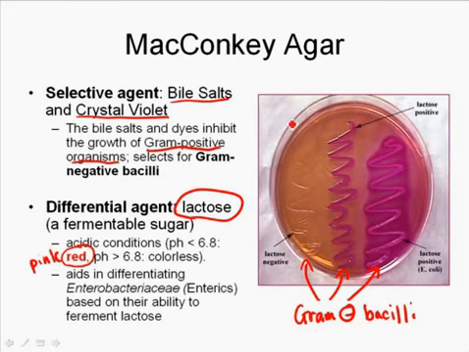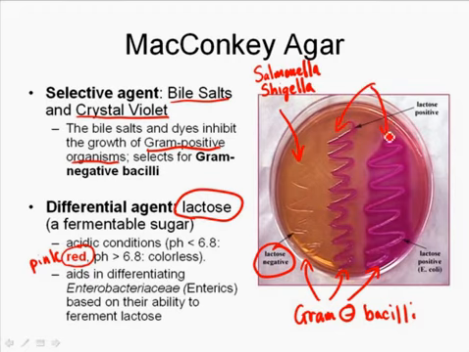So let's look here at the plate. What we see here on the left, we would call that lactose negative. What that means is that organism was unable to ferment lactose, therefore the cells remain colorless. The members of enteric that would give that result would again be Salmonella and Shigella, for example. Now what we can see in the middle there is lactose fermentation in organisms 2 and organism 3.